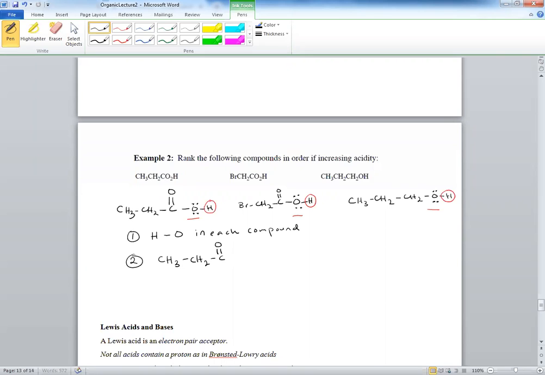And drawing the conjugate base means you remove an H, and then there's a negative on O. Okay, pardon my drawing here. And then, of course, lastly is this one right here.